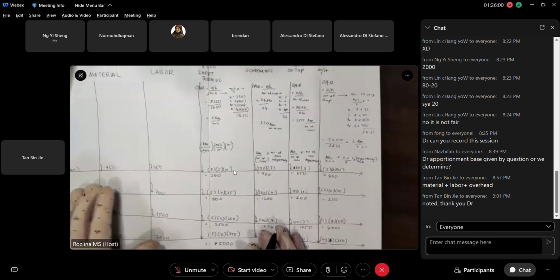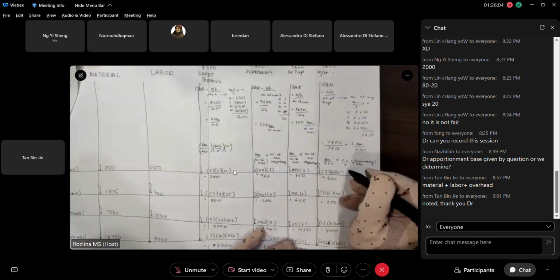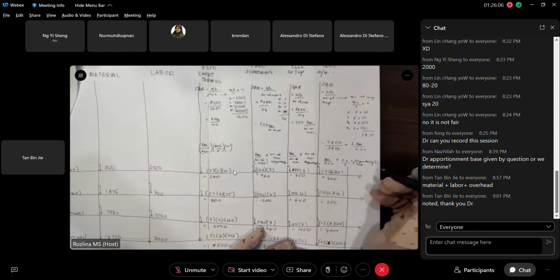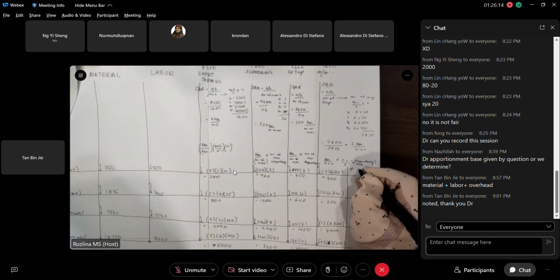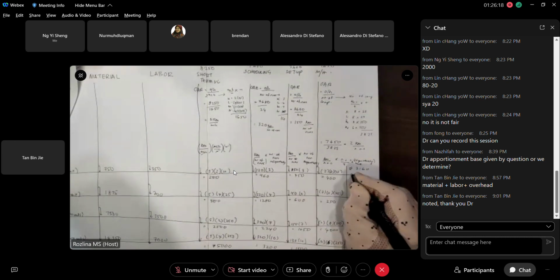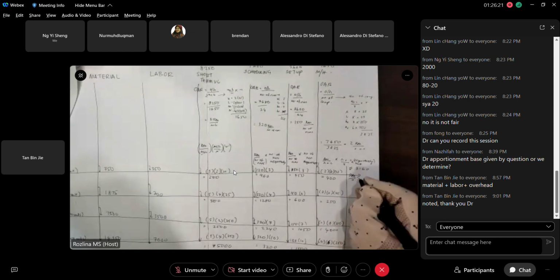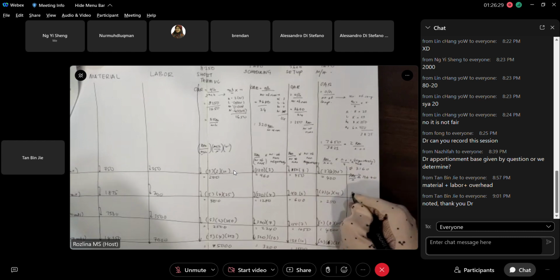Sekarang you have already the RM. So you need to total. So yes, total. The total here is, okay, I give the number 3160. So the cost per unit, the RM per unit is 126.40. Okay, ni total dia.